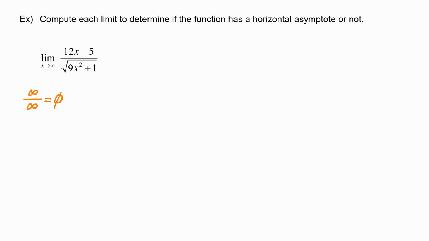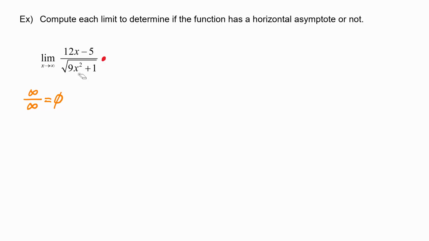Now, from our previous examples, we know that we want to multiply by 1 using the largest exponent in the denominator. Now, when you look at this denominator, you have to realize that it's not a degree 2 polynomial in the denominator because it's the square root of x squared in the denominator.